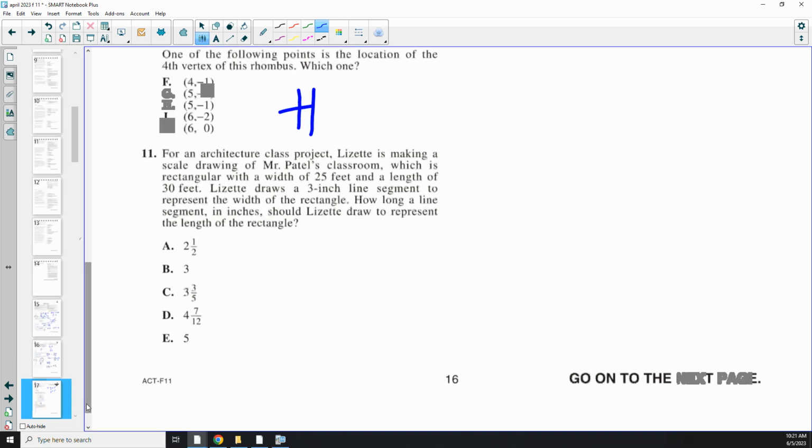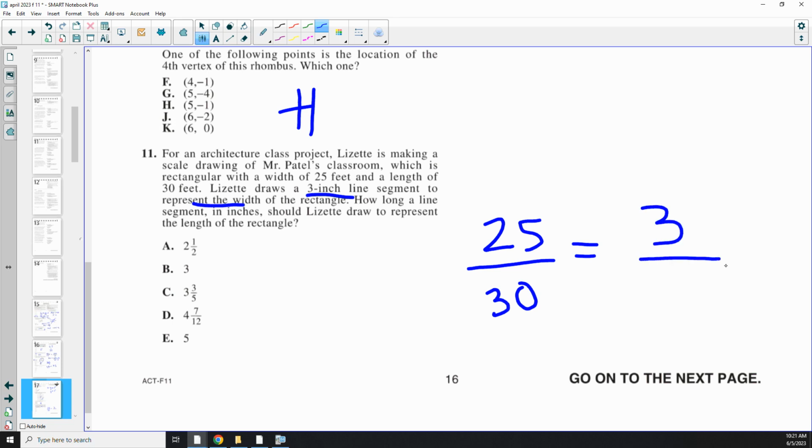Scale drawing. Its width is 25 and 30. And a 3-inch line is the width. So what is the length? So you would crisscross. 25x is 90, and the answer is 90 over 25, math frac.